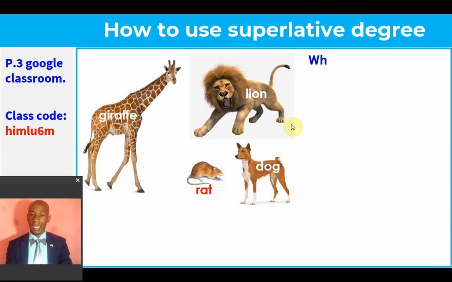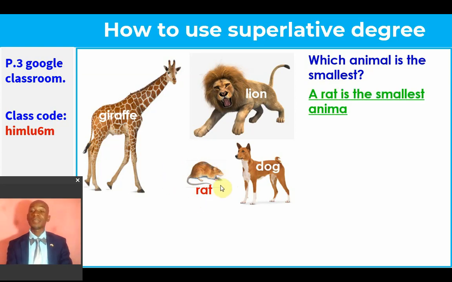So the question can be, which animal is the smallest? Now, looking at these animals, which one is the smallest? Look at the size of a rat. So, a rat is the smallest animal. Of the four animals that we have, a rat is the smallest animal.